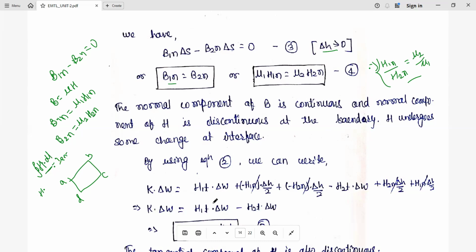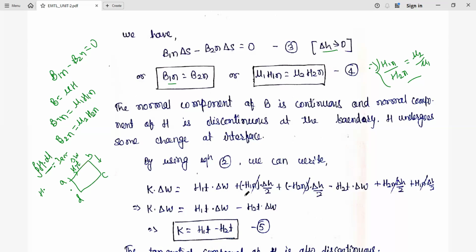So we have to take the direction, how we are going to move. Okay. So finally here, for A to B, this is the tangential component H1T in the same direction in which we are going to move, and the width is del W. Now, if you are moving from B to C here in medium 1, then the normal component is opposite to that.